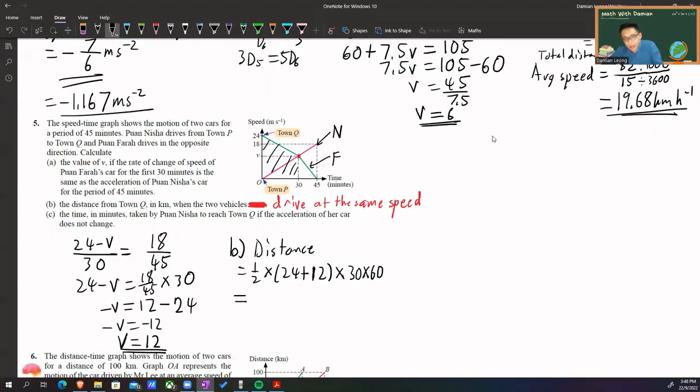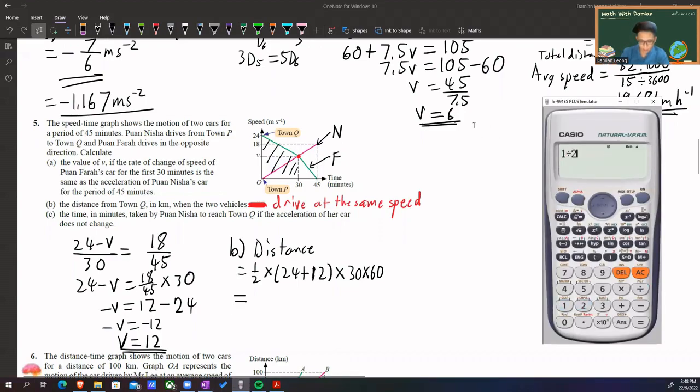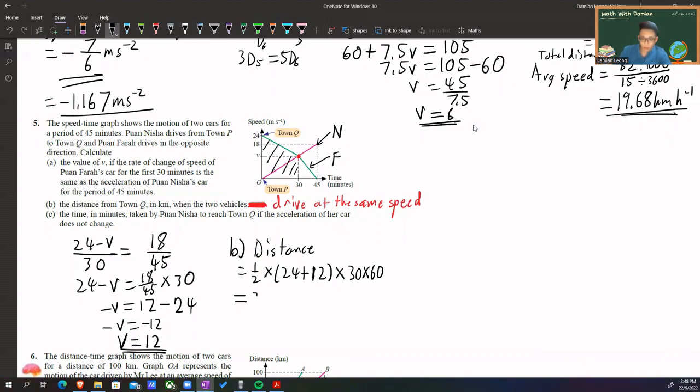If you calculate half times 24 plus 12 times 30 times 60, you will get 32,400, which is the distance in meters, but they want in km, means I will divide by 1,000, 32.4 km.